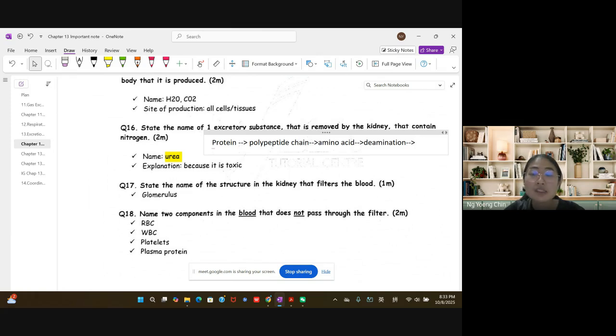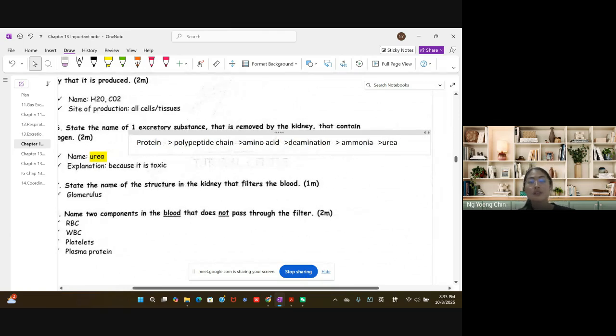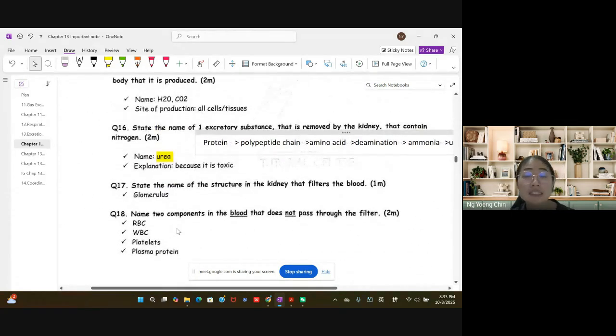After deamination, they produce ammonia, then they become urea. So urea is a byproduct of protein digestion. Urea is also considered toxic, but it's less toxic compared to ammonia.